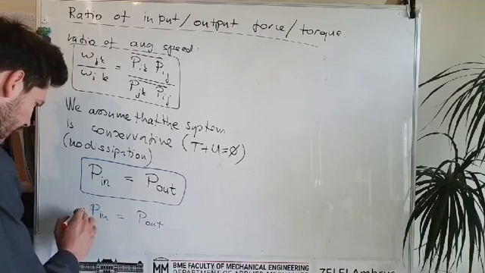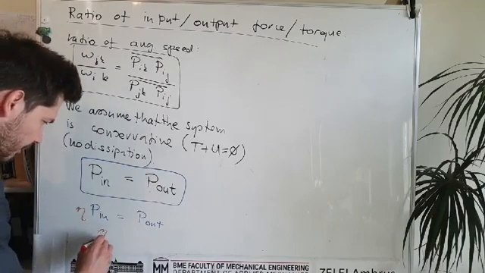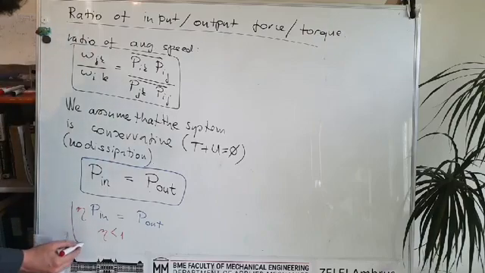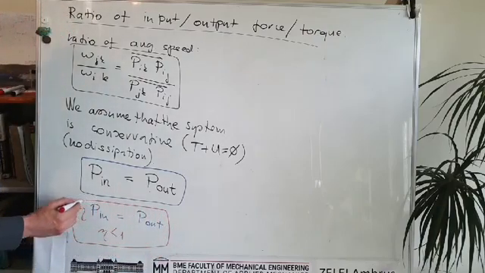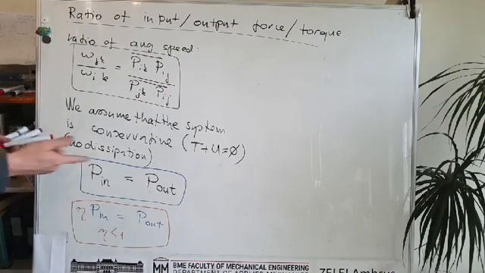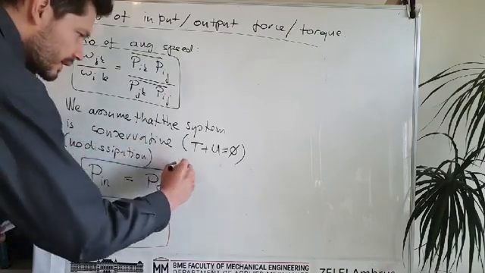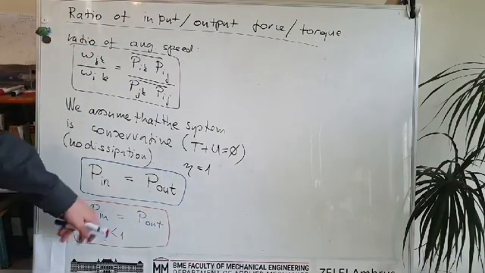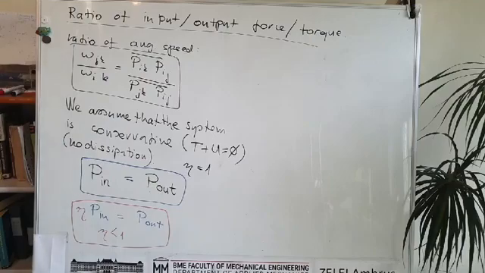So this is the general form: eta times the input power equals the output power, but for now we say that this eta efficiency ratio is 1. Okay, so we don't care about the dissipation for now because it can be generalized easily.